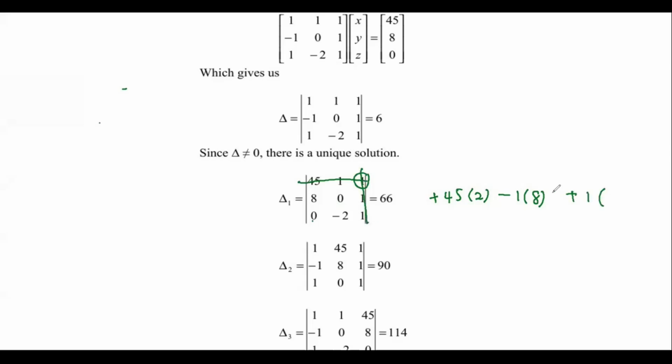You get 1 times the determinant of this: 8 times minus 2 is minus 16, and 0 by 0 is 0. So minus 16. This will be 90 minus 8 minus 16, and I want to guess that that's 66 indeed. And you do the same for this one and that one. Good. And let's see what Cramer's rule turns out now as our answer.